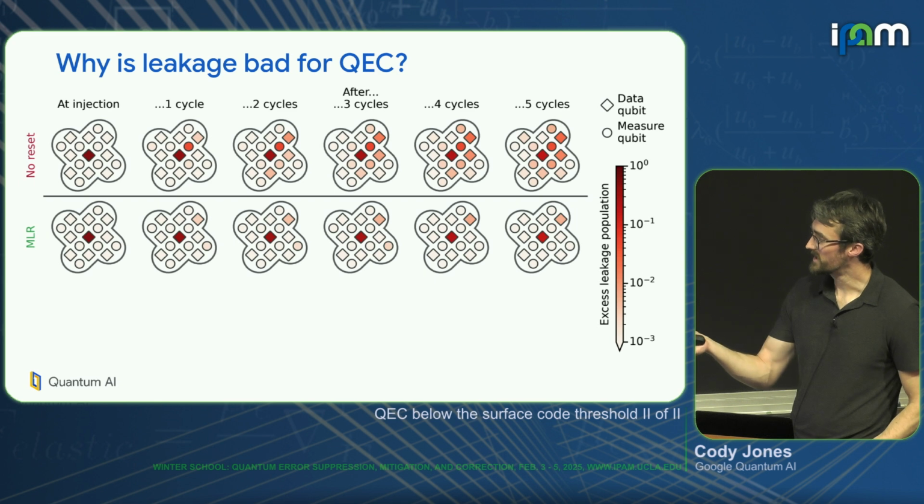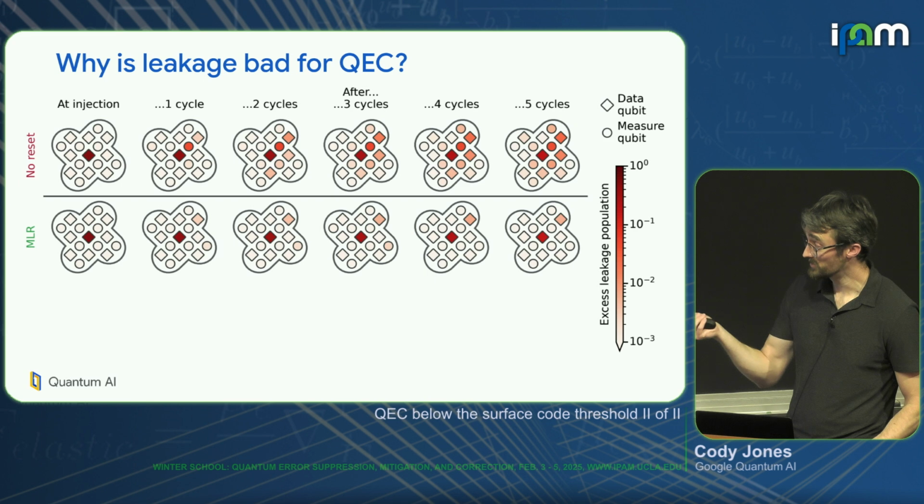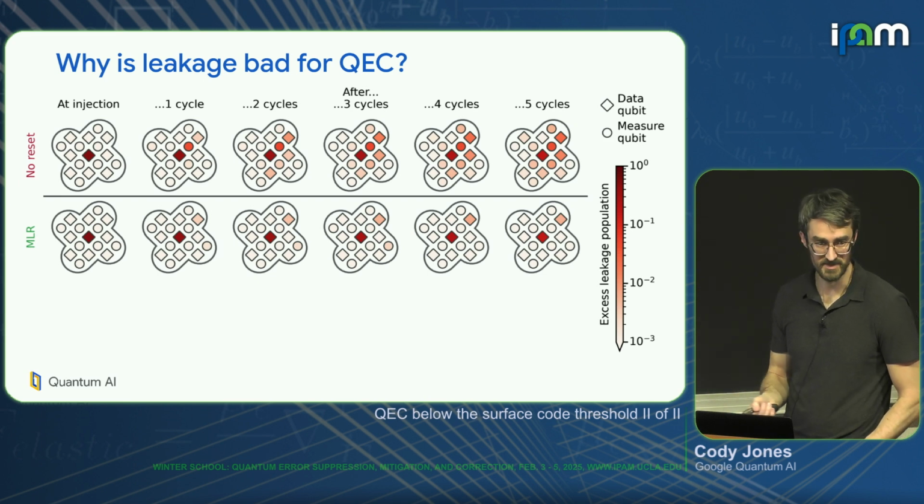So if we add a multi-level reset, what we're doing is, if leakage ends up on one of the circles, remember the circles are the measure qubits, and we're doing reset to those, then this MLR is going to remove it. Turns out that's pretty helpful. As you'll see, where these circles filled in as red or orange, having leakage population, that is now almost completely removed.